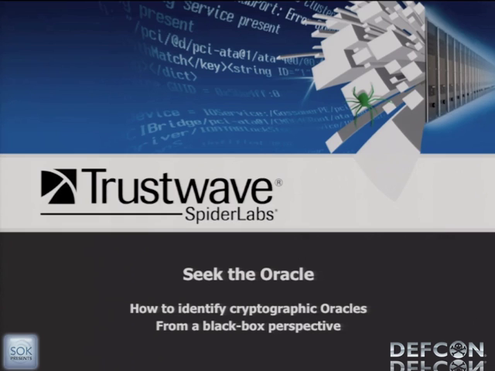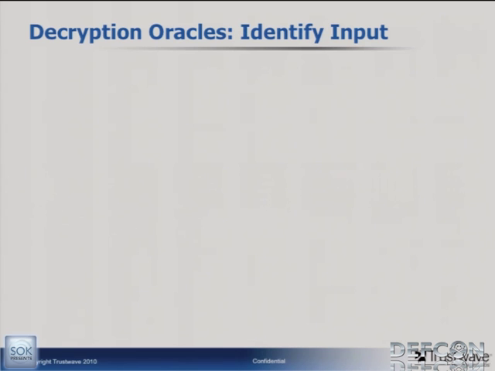So now let's talk about how you can find oracles in web applications. The first thing you're going to want to do is to try to identify input. When we're trying to identify oracles, it's easier for us to identify encrypted data. It's a lot easier to find than data that's going to be encrypted, because how can we tell?